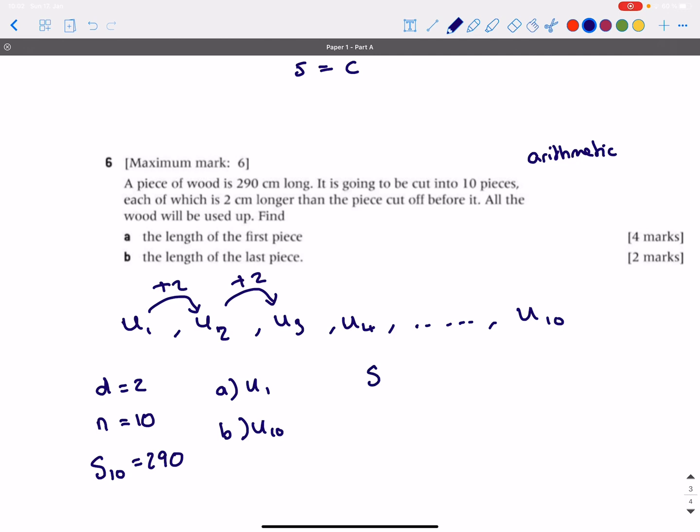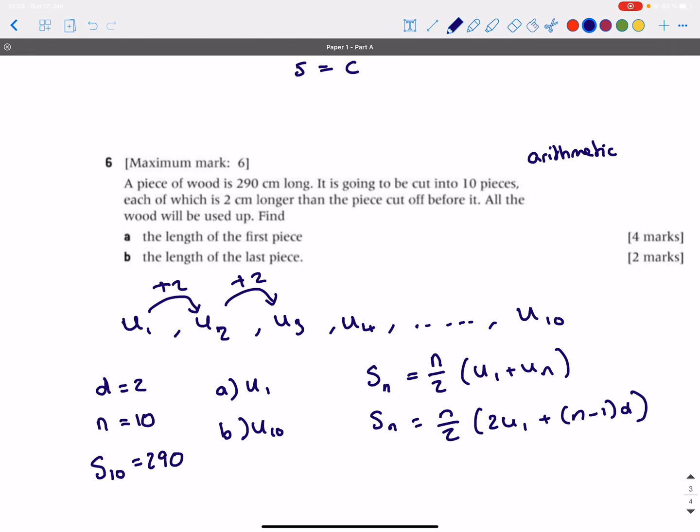The first is, am I going to remember this correctly? I hope so. n over 2 (U1 plus Un). And the other one is n over 2 (2U1 plus (n minus 1)d). There we go. So these are our choices.